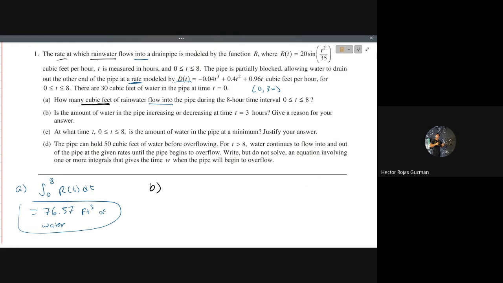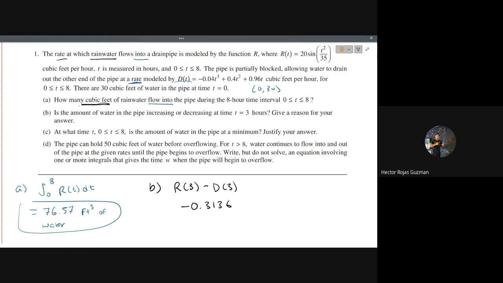Yeah, no. We just need to figure out the rate at which water is flowing in. I didn't even write it, but you can do this separately. I did R of 3 minus D of 3, but you can do them separately to figure out which one's greater. R of 3 minus D of 3 is approximately negative 0.3136.